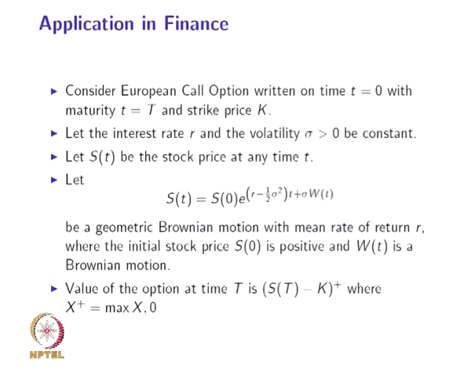Therefore s of t, the solution s of 0 e power, I replaced mu by r, therefore r is the interest rate here. So r minus half sigma square t plus sigma times wt be the geometric Brownian motion with the mean rate of return r, where the initial stock price s of 0 is positive and wt is a Brownian motion. So it has a direct application in finance.